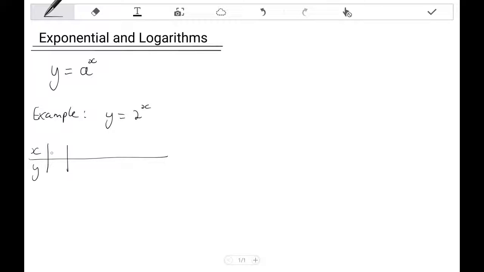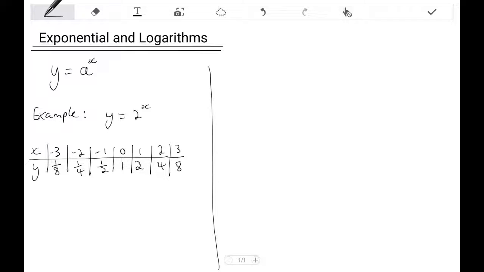We're going to go from -3 up to 3. So when x is -3, y is 1 over 8, 1 over 4, 1 over 2, 1, 2, 4, 8.